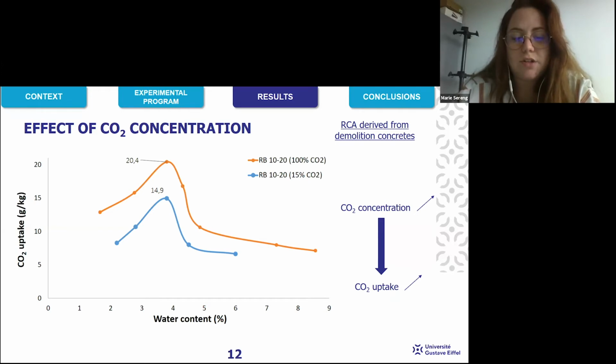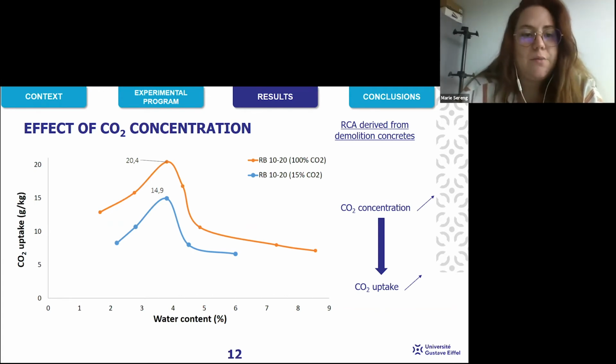So it's the concentration chosen for industrial application. We can observe that with the increase of CO2 concentration, CO2 uptake increases too, with a maximum of 20 grams per kilogram for 100% CO2 concentration.